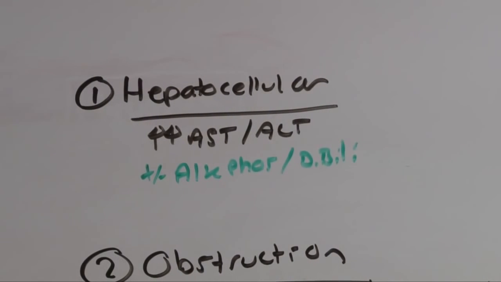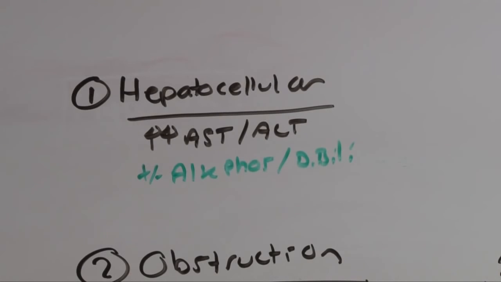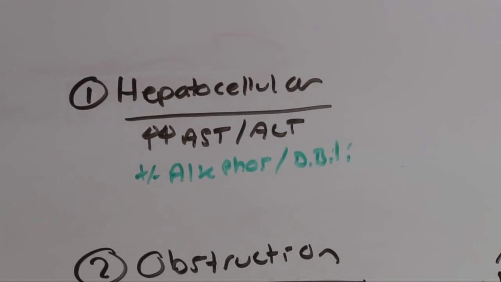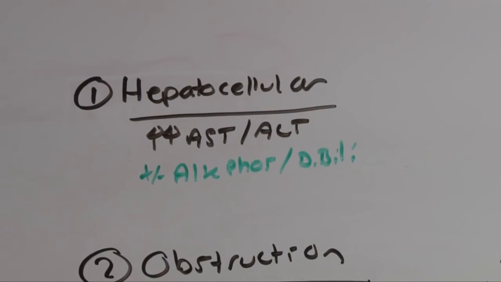There's not much more to say about hepatocellular injury. We've already talked about the things that get you into the thousands. We know that AST and ALT elevations are going to generally rise together, and not very many things get it over 1,000. If you see an AST to ALT ratio greater than 2, think cirrhosis and alcohol.